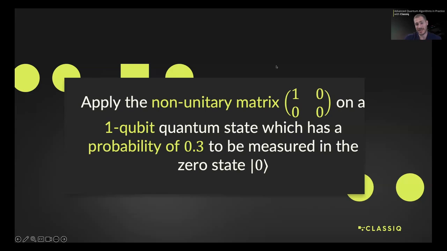This is nice because it can be stated quite simply, but actually doing it might be more complicated. But again, I think without knowing that there is an algorithm called linear combination of unitaries, how it works, and that it applies non-unitary matrices, it would be very hard even to start thinking about how you can implement this matrix on a 1-qubit quantum state.